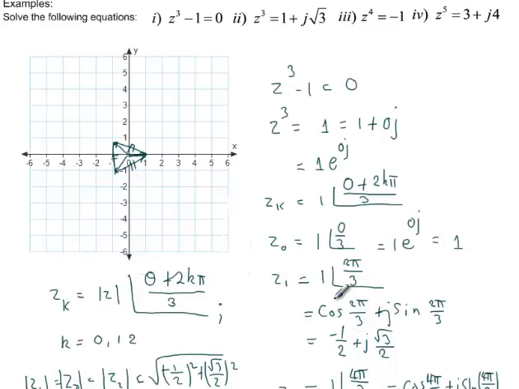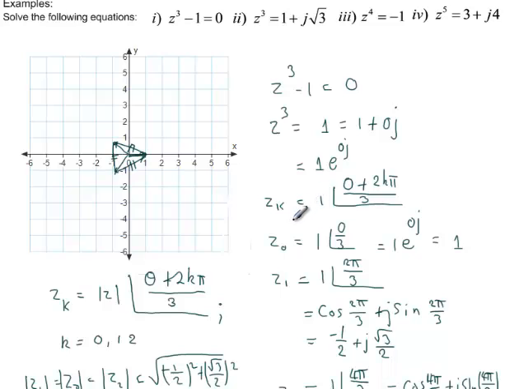If it was root 4, you will have 4 points. They will form a regular polygon around the origin. If it was 5, you get a regular pentagon around the origin. Conclusion: the n roots of a complex number are vertices of a regular polygon of n sides.